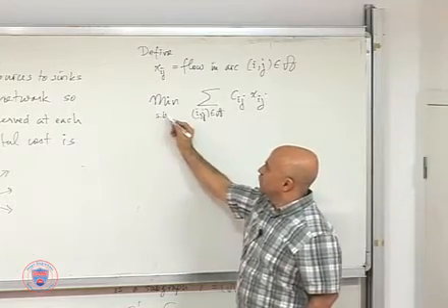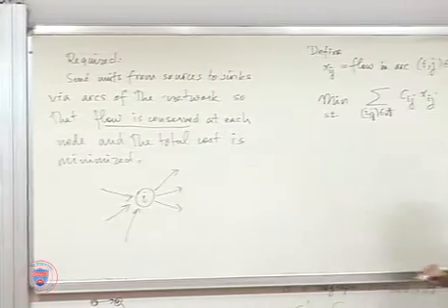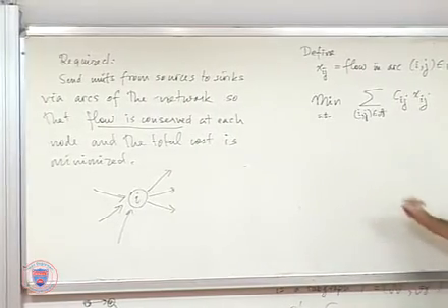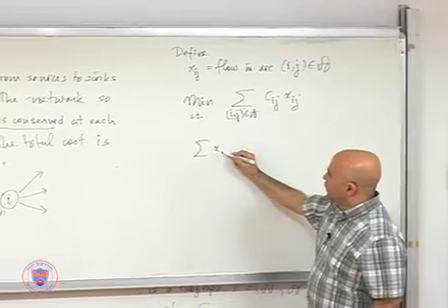Subject to, we need a flow conservation equation for each node. So I'm going to write it down for node i.